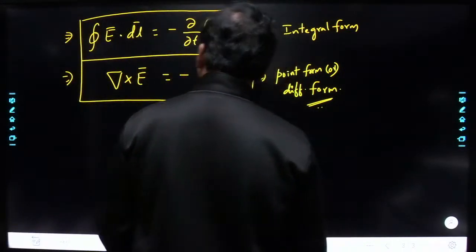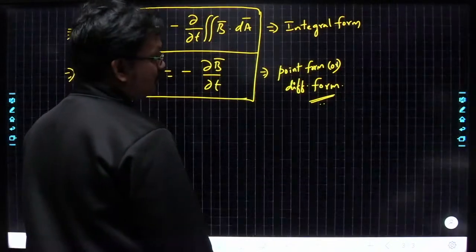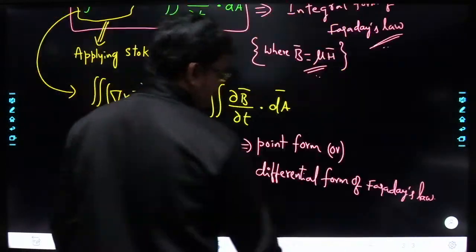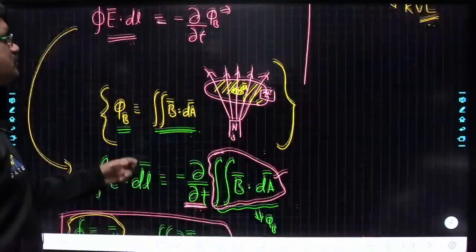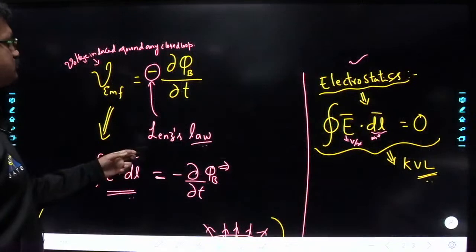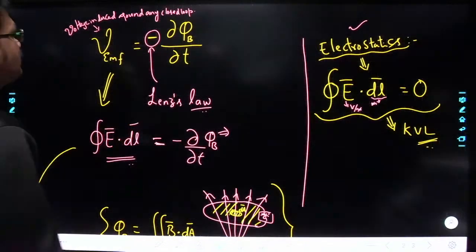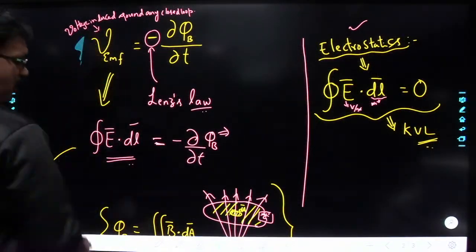Now again coming to our basic equation. See the voltage induced around any closed loop.